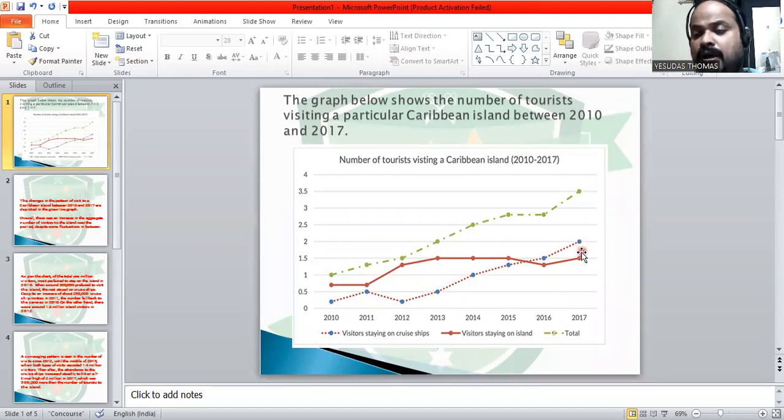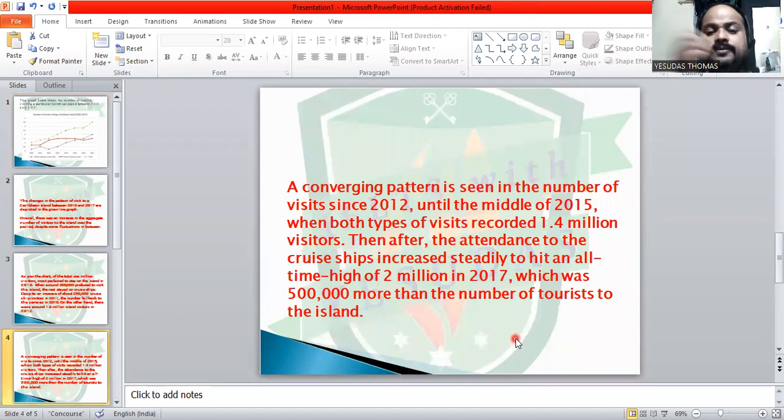And this is over 500,000, where the visitors to the island were around 1.5 million. 2 million cruise ship visitors, 2 plus 1.5, 3.5 million. That's the total number of visitors there. And this is what we can see here, the converging pattern.